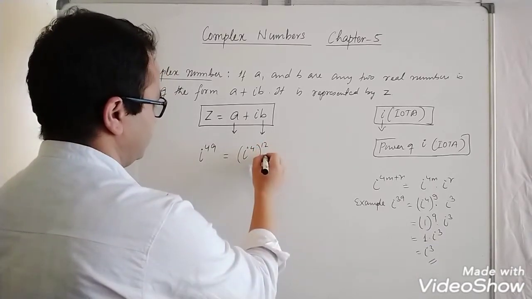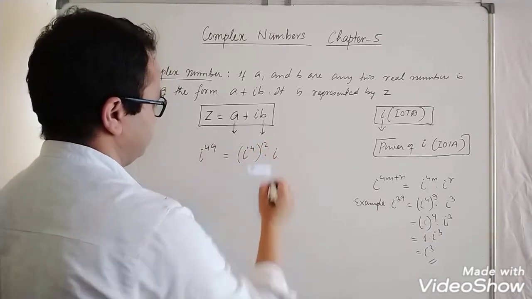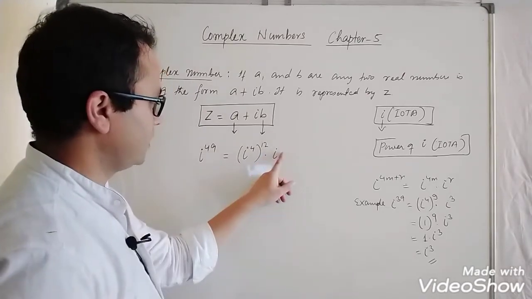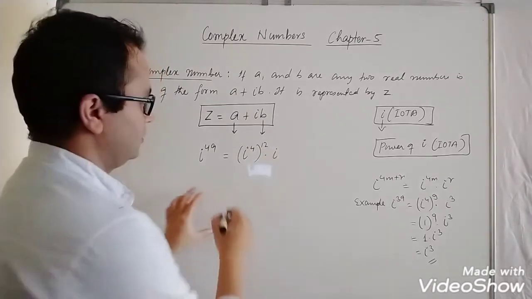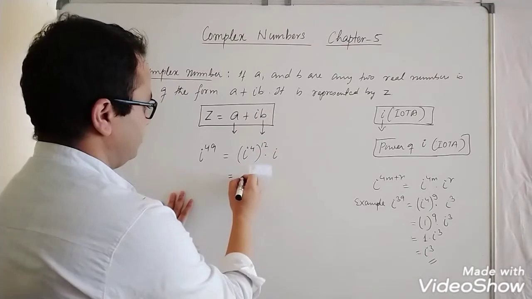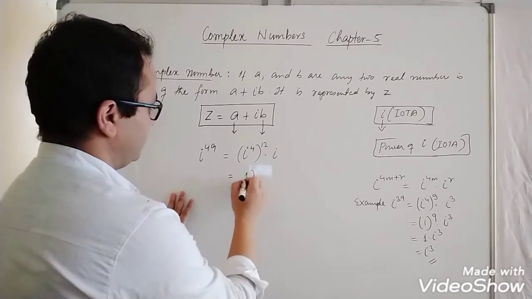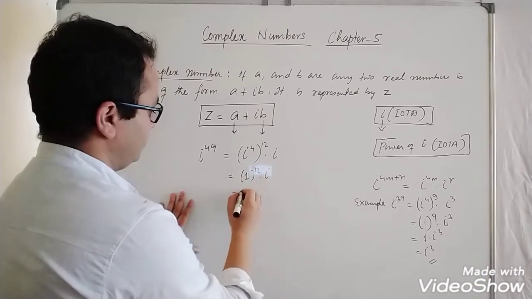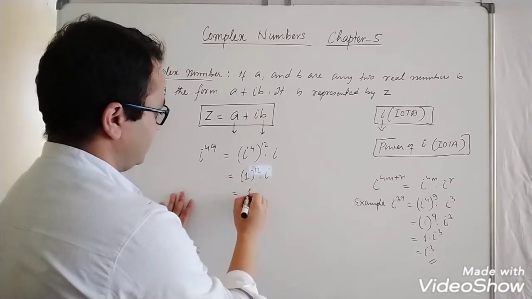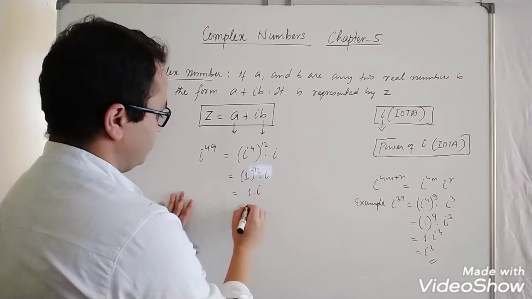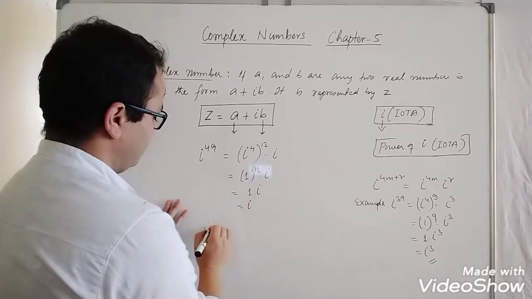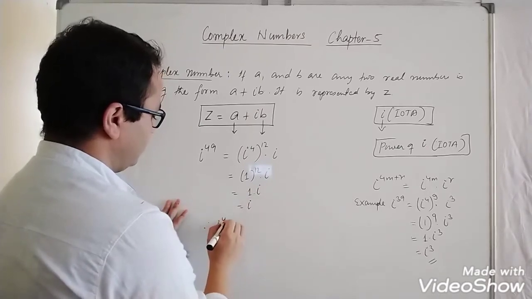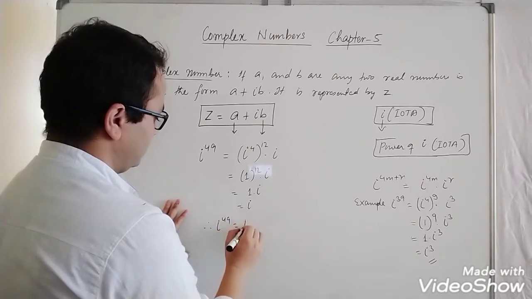Now this is i, since 48 plus 1 is 49. So this equals 1 to the power 12 into i, which is i only. Therefore i to the power 49 equals i.